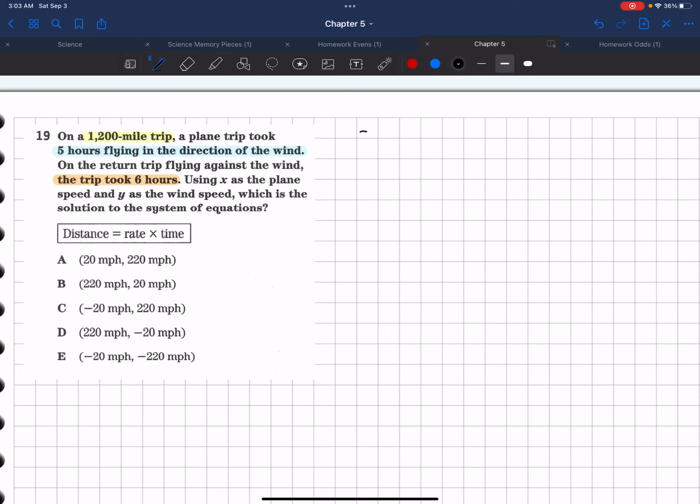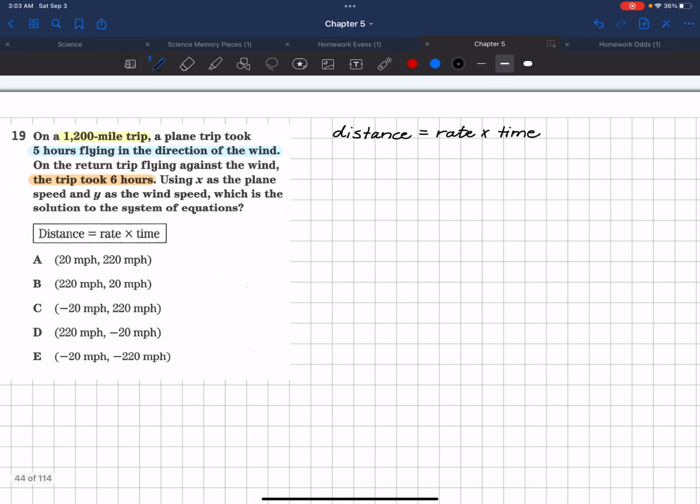And they give us the hint of using distance equals rate times time. And they say that for this particular situation, x is the plane speed and y is the wind speed.